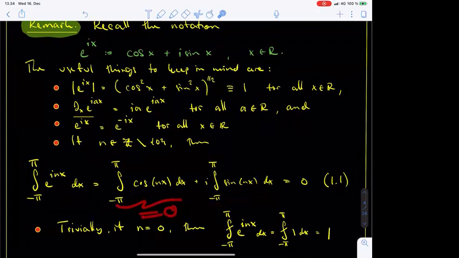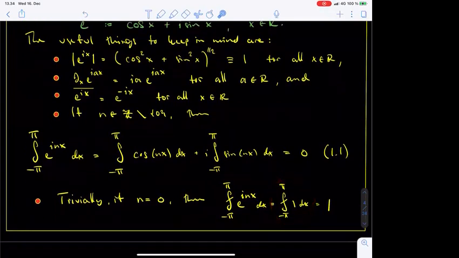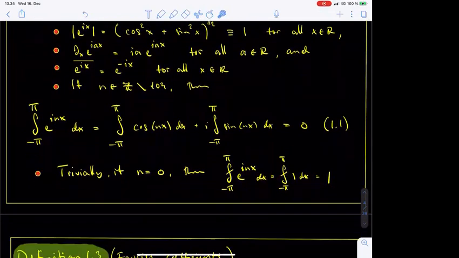And both of these integrals on the right hand side vanish when n is an integer but not 0. Of course, when n is equal to 0, then e to the power inx equals the function 1. And in this case, the integral of e to the power inx over the interval from minus pi to pi equals the integral of 1 from minus pi to pi, which equals 2 pi, or in other words, the average integral of e to the power inx equals 1.